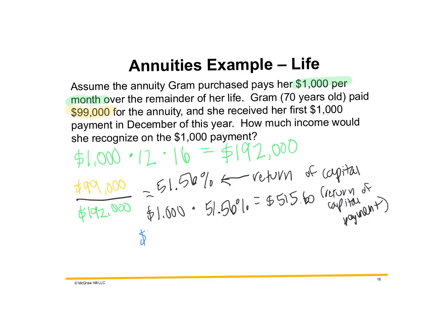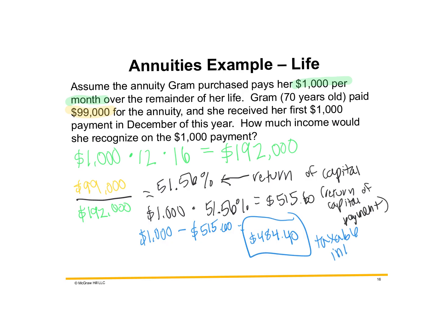So, $1,000 minus our return of capital of $515.60 gets us $484.40 of taxable income to recognize.